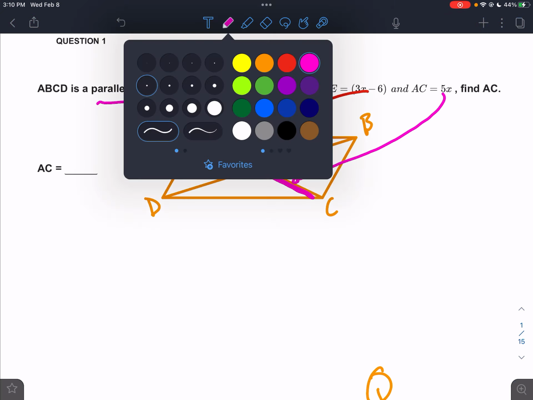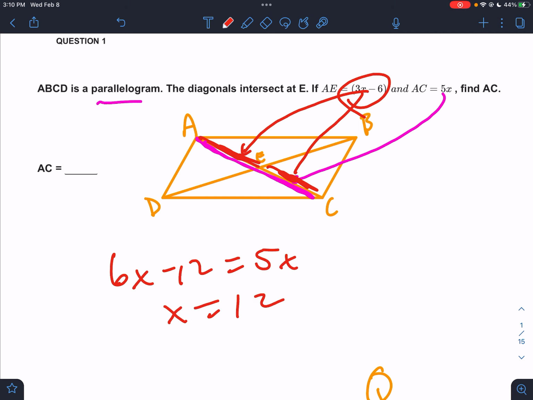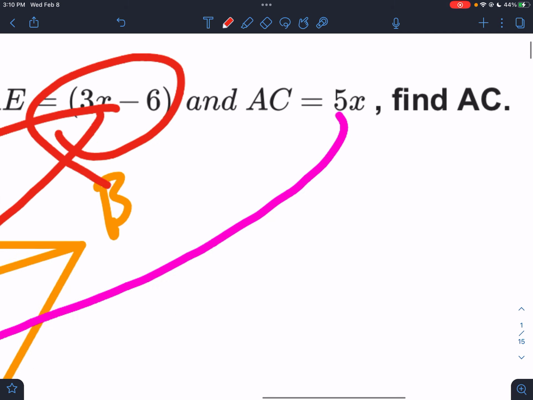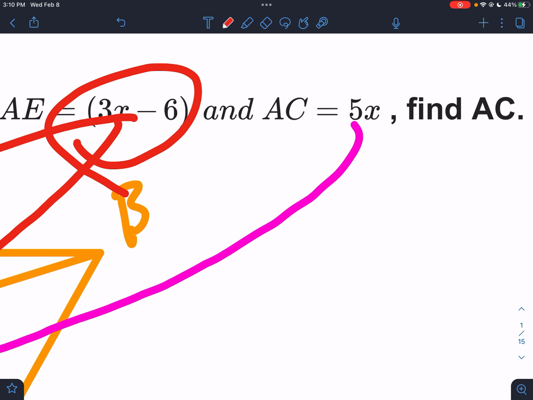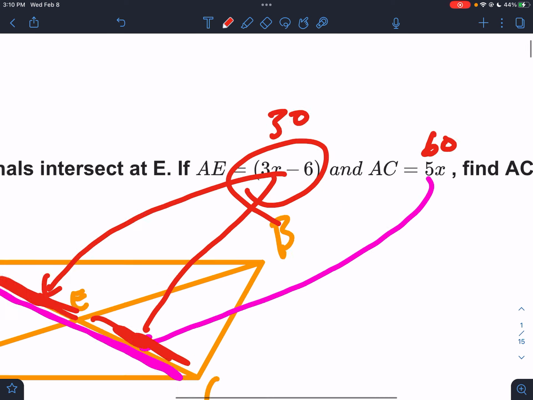So we know that this over here is also 3x minus 6. So two of those would be 6x minus 12, and that equals the whole thing, 5x. So x has to be 12. So if x equals 12, then AC is 12 times 5, which is 60. And this would be 12 times 3 is 36 minus 6 is 30.